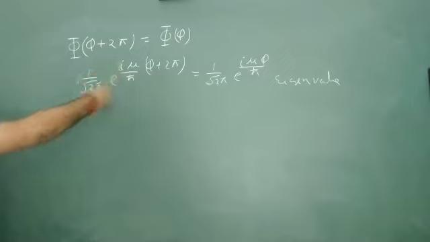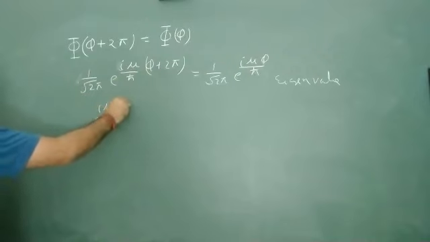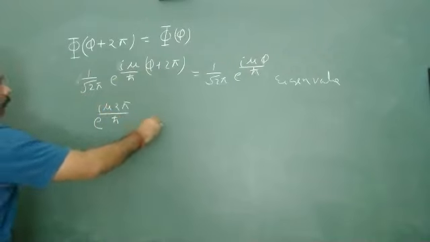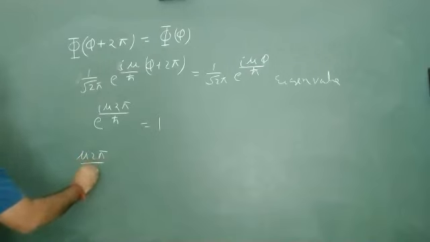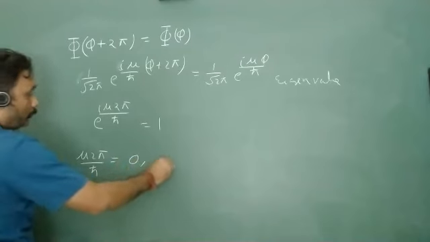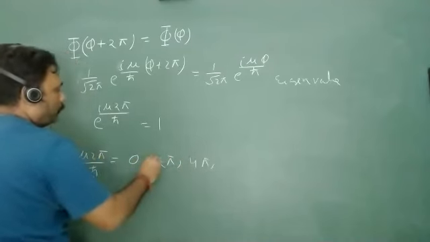This thing cancels out, so you have e to the power i mu 2 pi upon h cut must be equal to 1. So mu 2 pi upon h cut must be equal to 0, 2 pi, 4 pi, and this is plus minus.